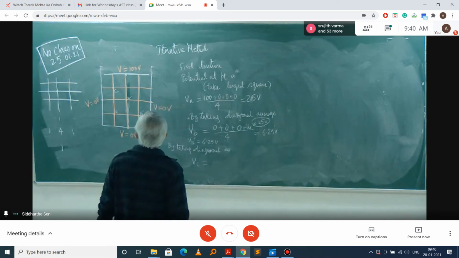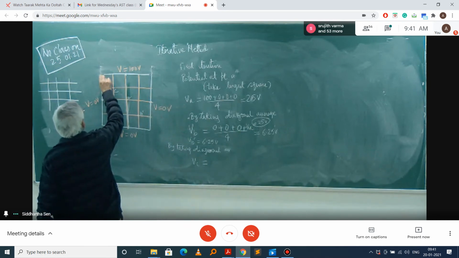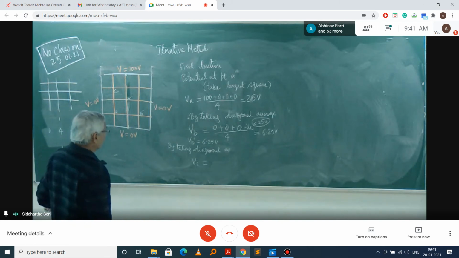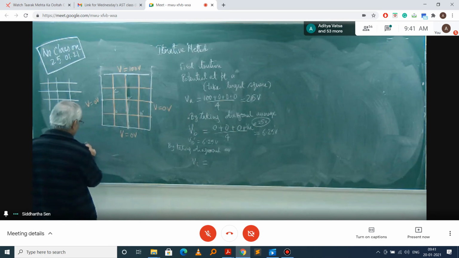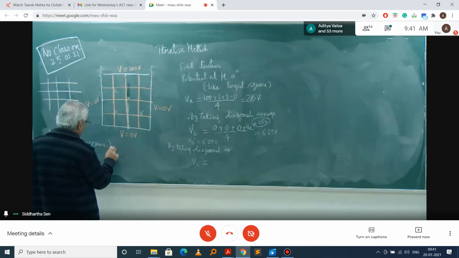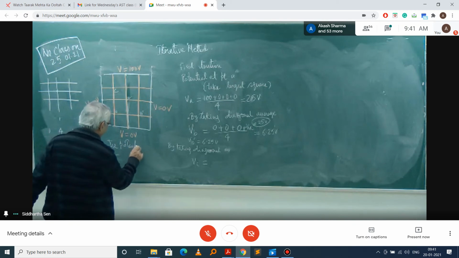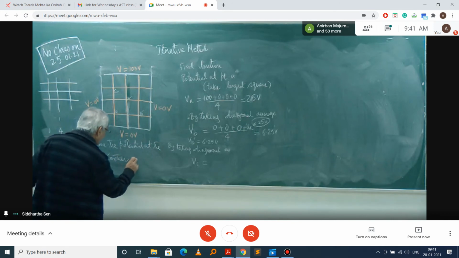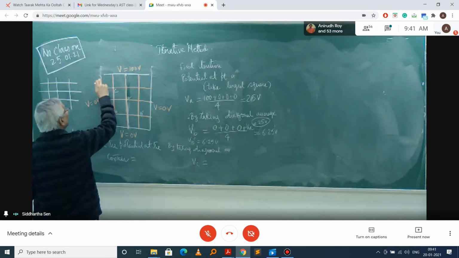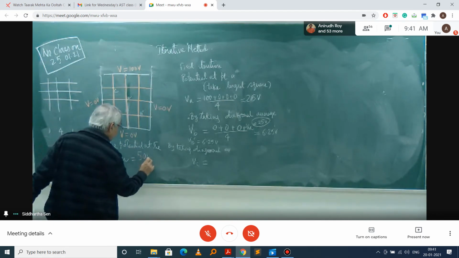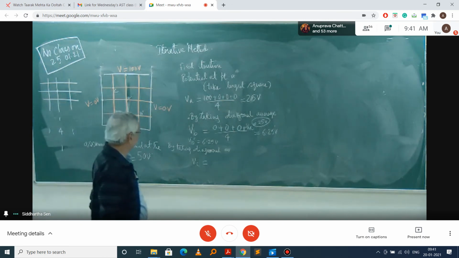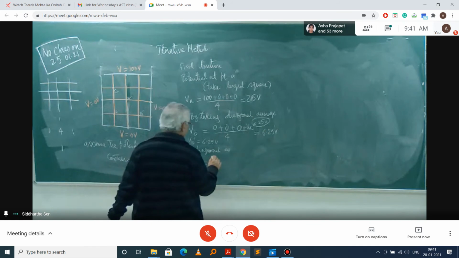The problem is that we have this point which is 0 volt, this point is 100 volt. So assume, in this case what we will do is that the potential at the corner is equal to the average of 0 and 100, it is 50 volt. I am just assuming, because there is a small gap here and there is a big potential difference. So I say this point is 50 volt.